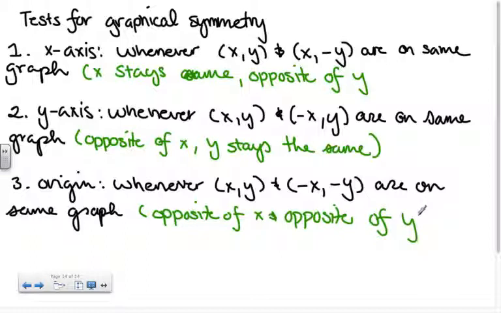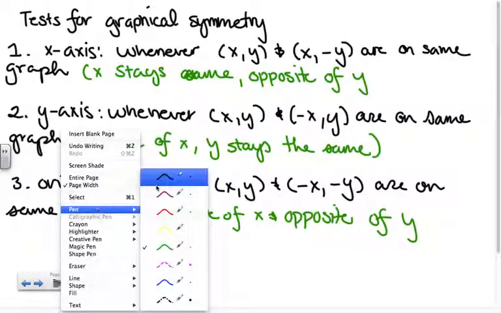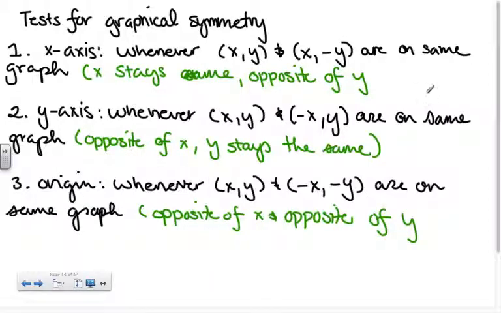Alright, translating it in short, when we look at the quadrants, which you guys should be familiar with, right? 1, 2, 3, 4. The x-axis is symmetrical with quadrants 1 and 4. This is Q1, Q4.